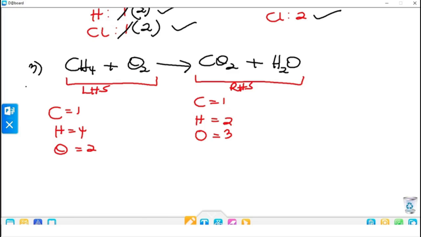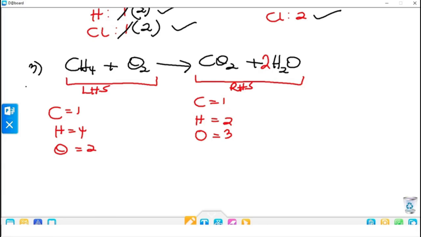Since we have 4 hydrogens at the left but 2 at the right, let us, through trial and error, place 2 in front of H2O. When you do that, hydrogen will now become 2 times 2, which is 4. So it is now balanced with the hydrogen at the left hand side.